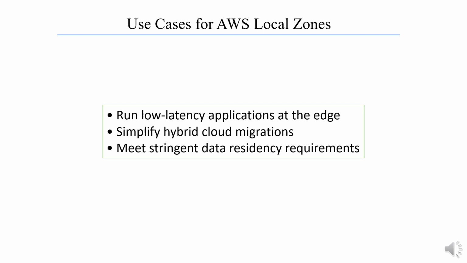Migrate applications to a nearby AWS local zone while still meeting the low latency requirements of hybrid deployment. Meet stringent data residency requirements. Comply with state and local data residency requirements in sectors such as healthcare, financial services, and government.